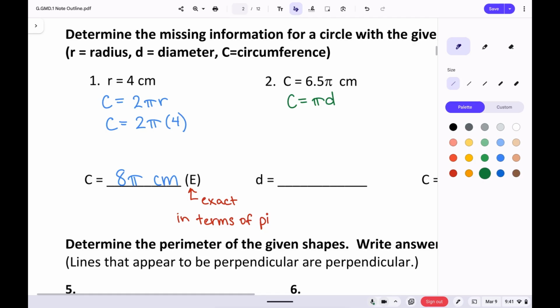Anyone see what the diameter is going to be? 6.5 centimeters. Because these pi's are basically going to cancel. The C's are gone. Like everything kind of has something to pair up with. And so 6.5 is going to be equal to that diameter. So I want you guys right now to take a couple minutes and do 3 and 4 on your own.